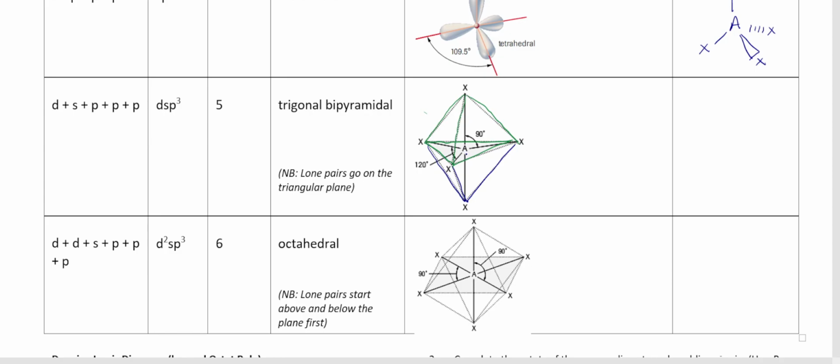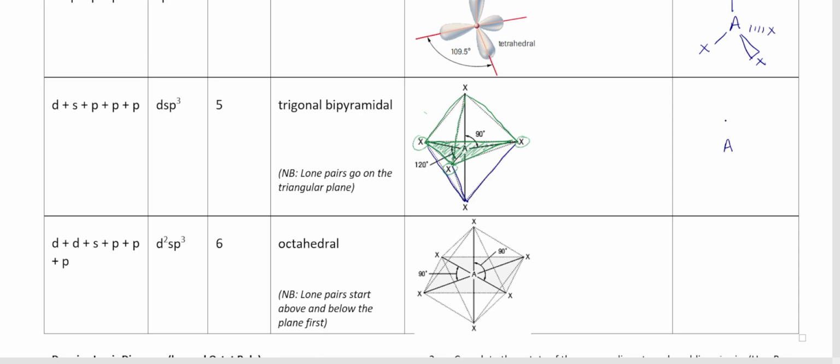There is a trigonal plane that sits right here. I'm not sure if you can see that. I'll shade it in. These 3 X's right here all sit on a plane with the central atom. And then there is an atom that's above and an atom that's below. We draw this with a wedge diagram as follows.